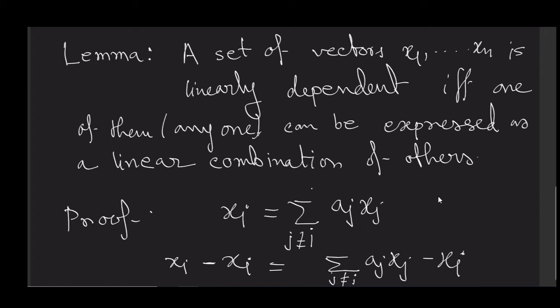It is easy to claim that minus xi will also exist, because xi being an element of your vector space must have an additive inverse within your space X. So minus xi will also exist inside that space.